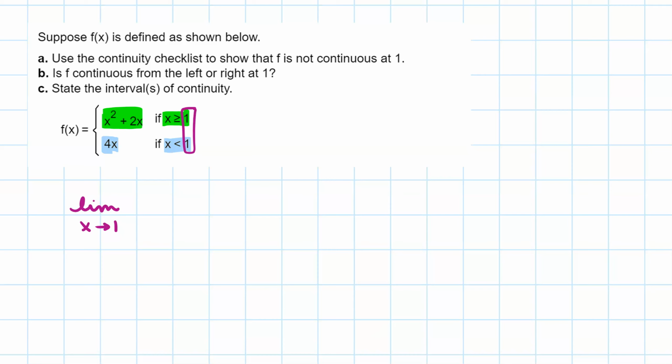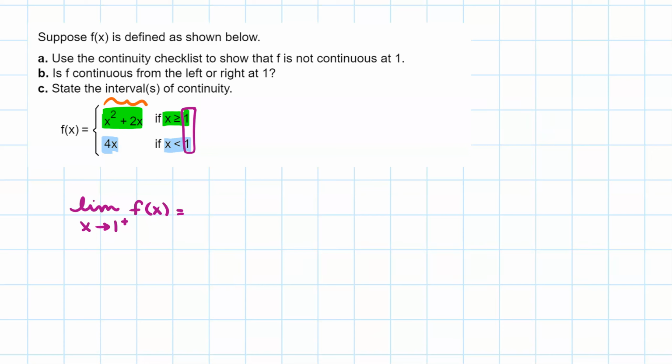But we're going to come to it from the right, meaning from the bigger side. So let me put f of x here. So we're just going to consider the piece over here. So let's think about that.